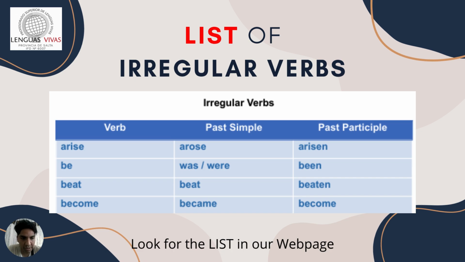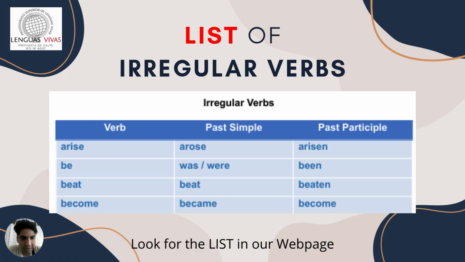Let's read the examples. Arise, and the past form of arise is arose, and the past participle of arise is arisen. Then we have be, which is was or were in the past simple, and is been in the past participle.